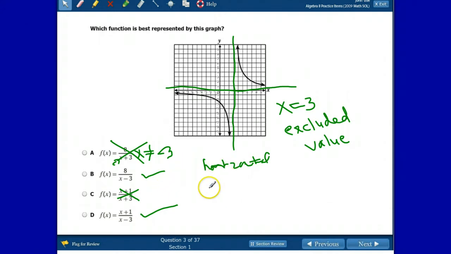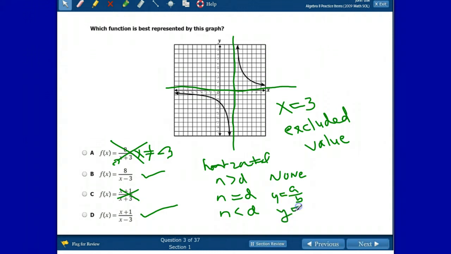If the numerator beats the denominator, there's none. If the numerator is tied with the denominator, then we take the fraction a over b, and we'll talk about that in a second. And your other option is that the denominator wins out, then it's y equals 0.